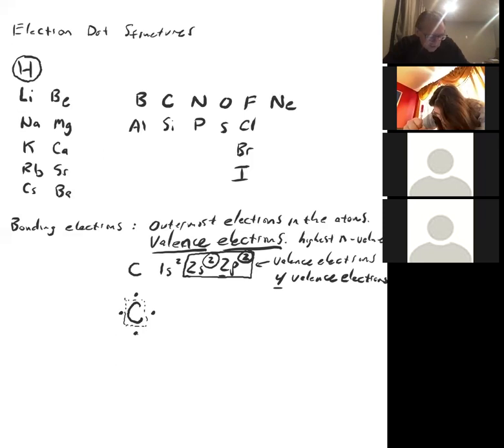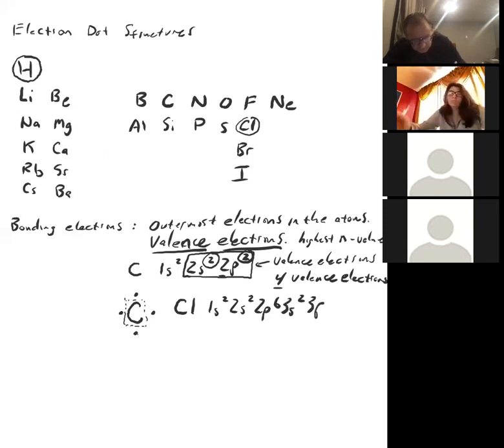And let's try another one. Let's try, for example, chlorine. Chlorine has 17 electrons, so its electron configuration is this. Okay, I just did it very quickly. The highest value of n is 3, so that would be the valence electrons. There you go.